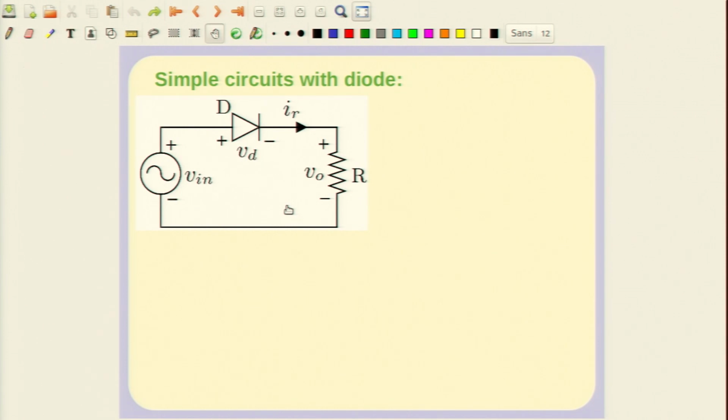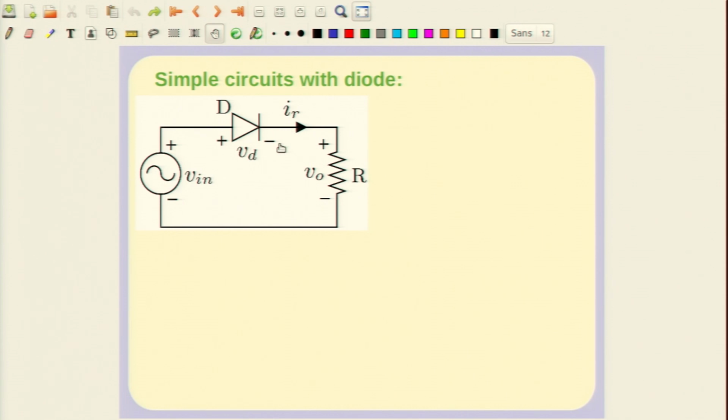So, the simplest power conditioning circuit, which we learned probably in high school, is called a rectifier circuit, in this case a half wave rectifier, and the diode conducts in the forward direction. It is on, the switch is on, that is it has 0 impedance in the forward direction, and when the voltage across the diode is negative, then the switch turns off, and you will find that there is no current flow in the reverse direction.